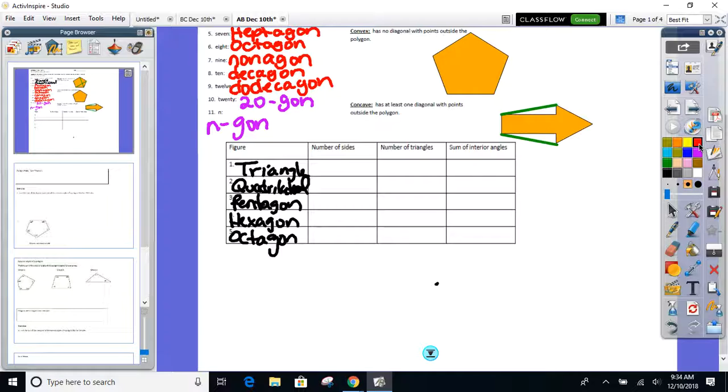You're going to fill out the number of sides for each. Shouldn't be an issue there, right? We just went over all the names. So for triangle, there's 3 sides.